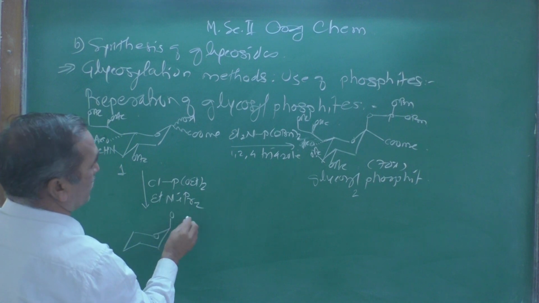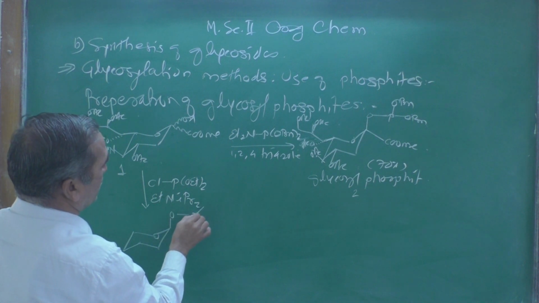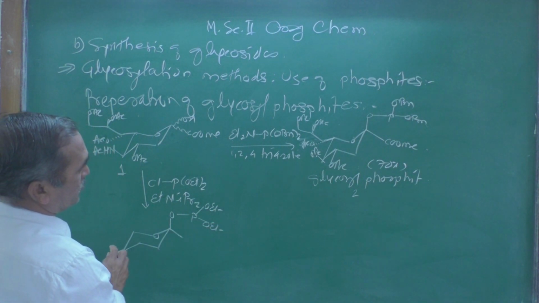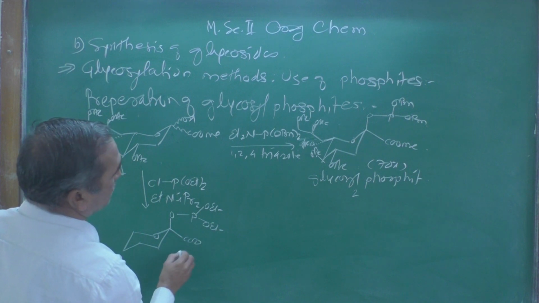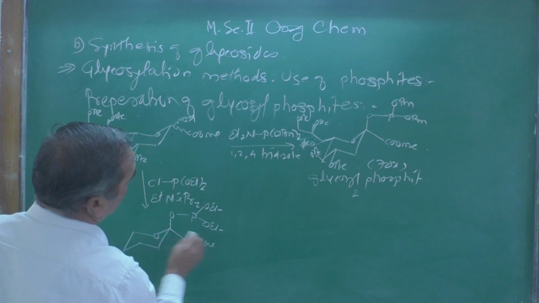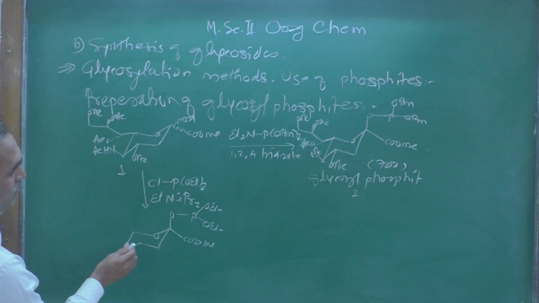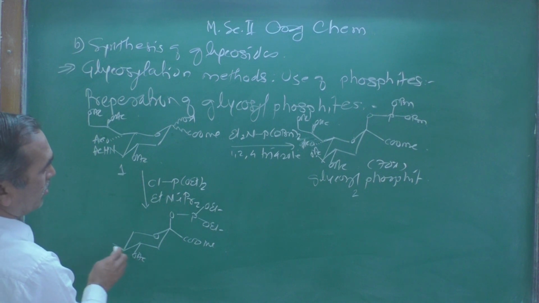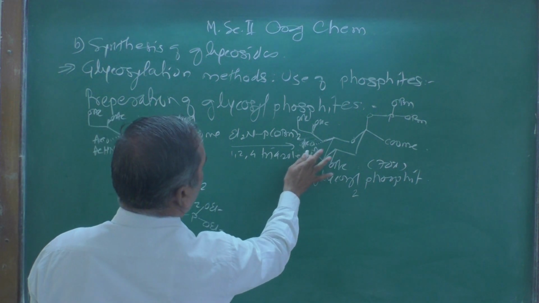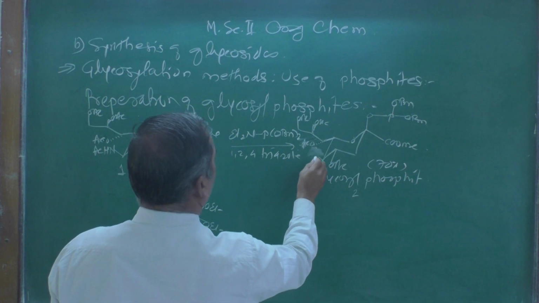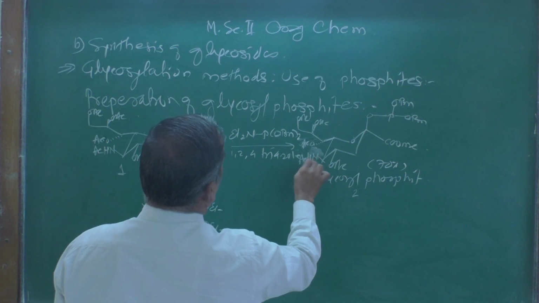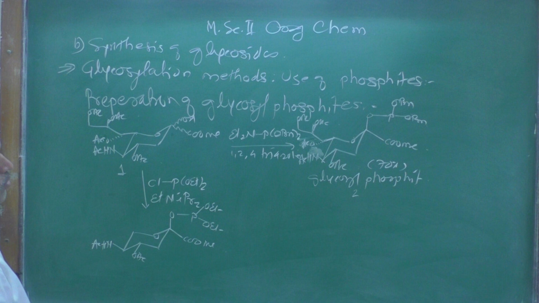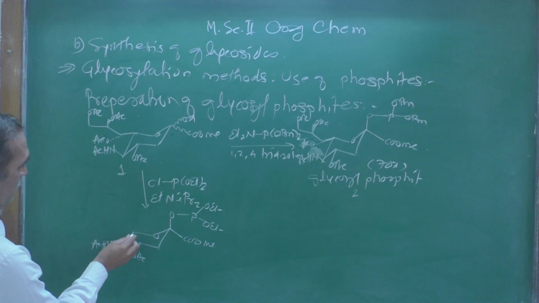Here oxygen atom, then P, you can write here OEt, here also OEt, and at equatorial position there will be COOMe, that is an ester group, and now here the acetyl group which is lying at equatorial position. Now make the correction, please see here NHAc, so that remains as it is, NH, that is a protected amine group.